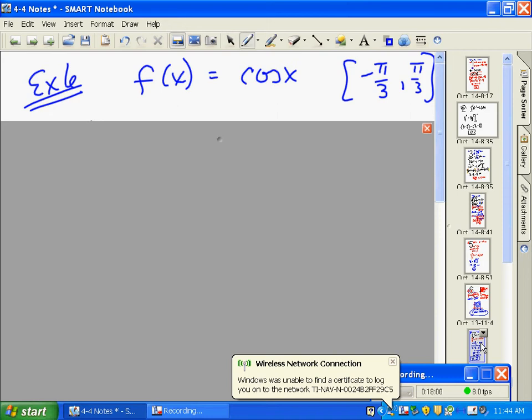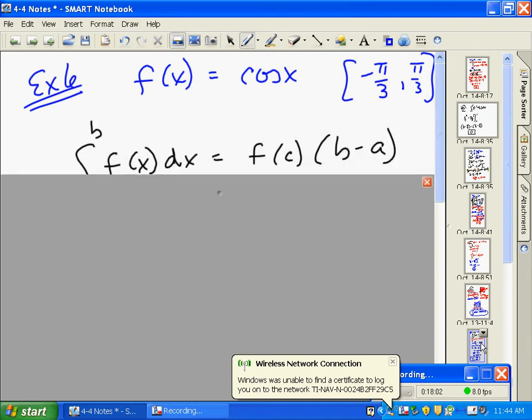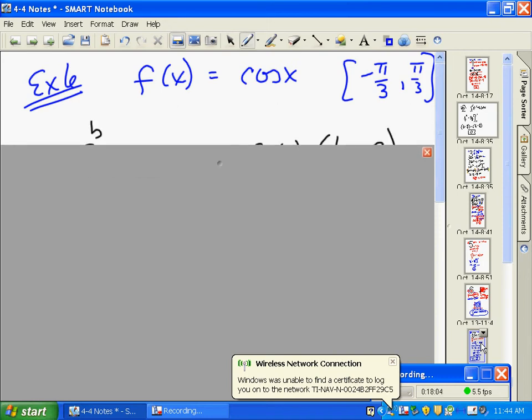Now, it might be helpful at one point to know what negative pi over 3 and pi over 3 are in decimal form. So in decimal form, that is negative 1.047 to 1.047. Might be helpful to know that here pretty soon.